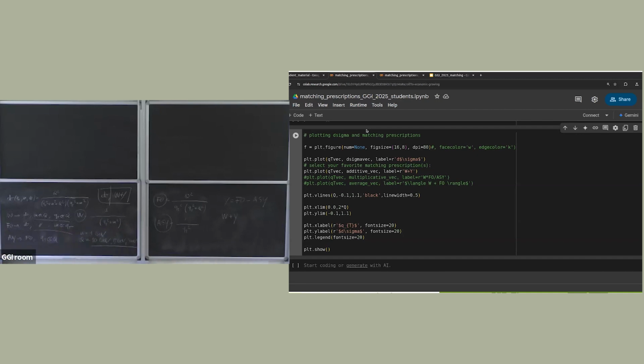Before lunchtime, I think we still have 10 minutes, right? So I would suggest you implement also the multiplicative matching and compare. You should compare the sigma, W plus Y, and the multiplicative matching. Try to plot on the same panel the sigma, W plus Y, and W times fixed order divided by the asymptotic term.